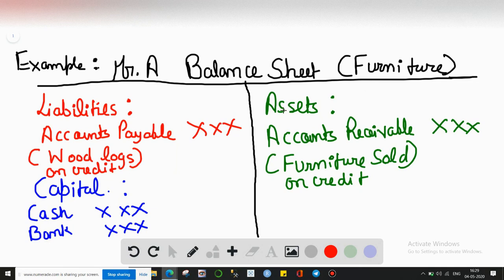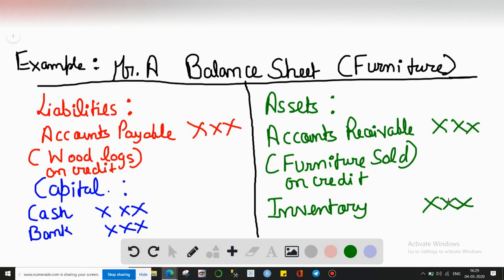Now on the asset side, there is one more item included, that is inventory. Now what is inventory? Inventory is the raw material which has not been processed yet to be converted into furniture.